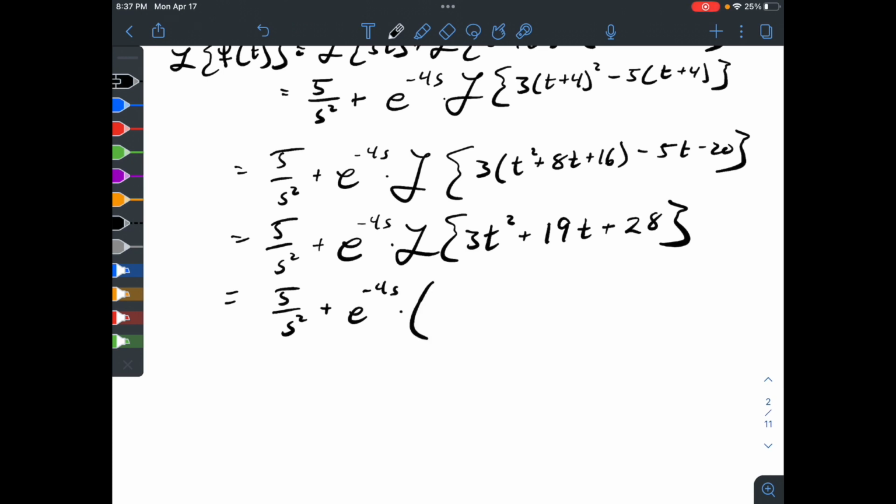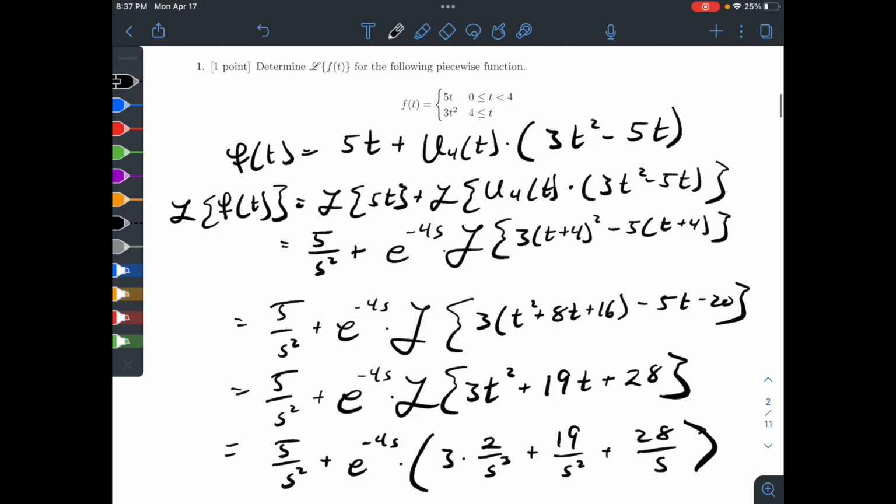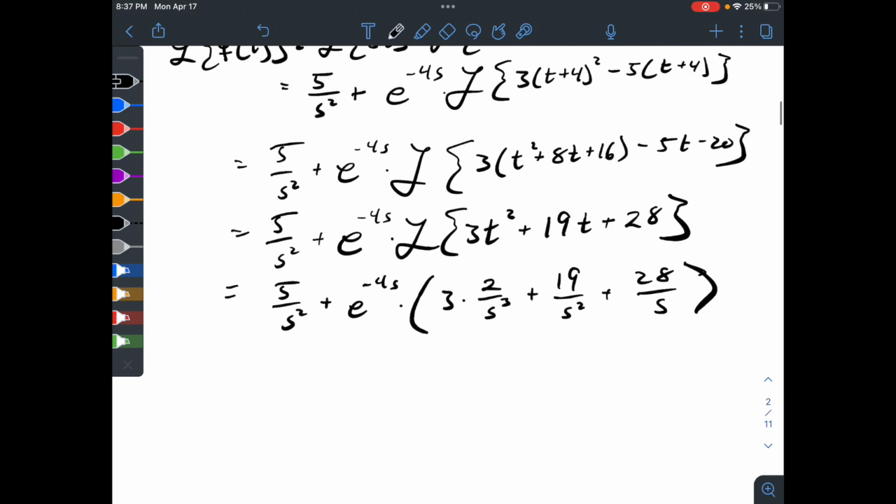All right, and then doing those Laplace transforms. 3t squared transforms into 3 times 2 over s cubed, which you could just write as 6 over s cubed if you want, and then 19 over s squared, and then 28 over s. All right, so that's our Laplace transform.